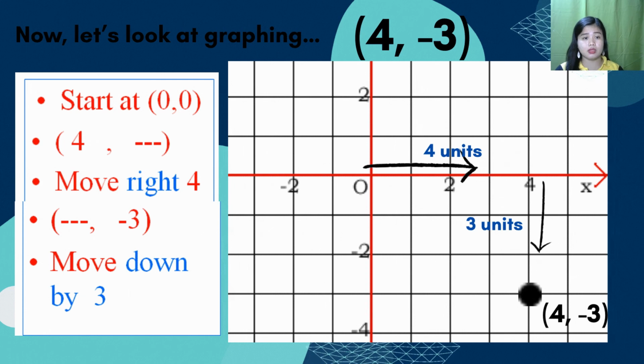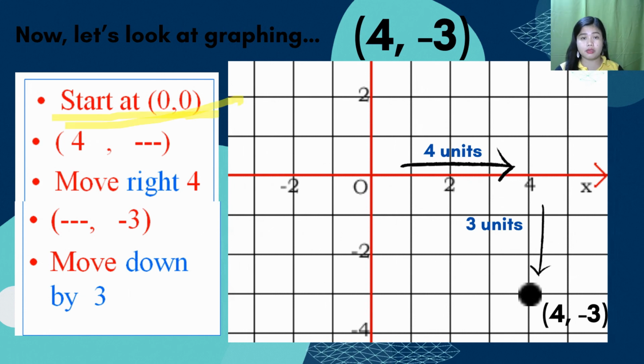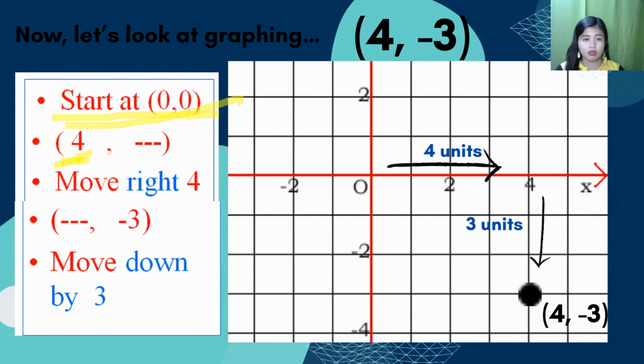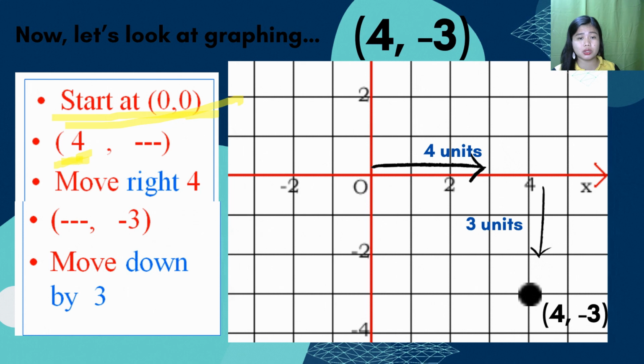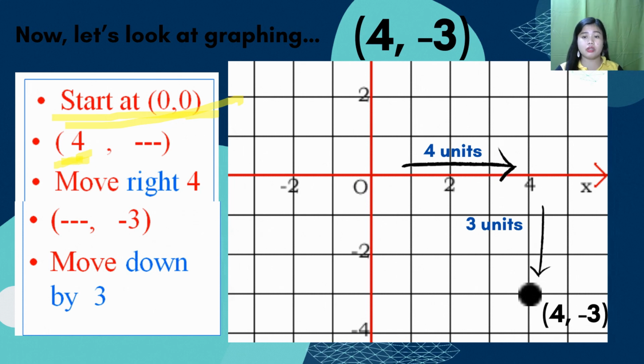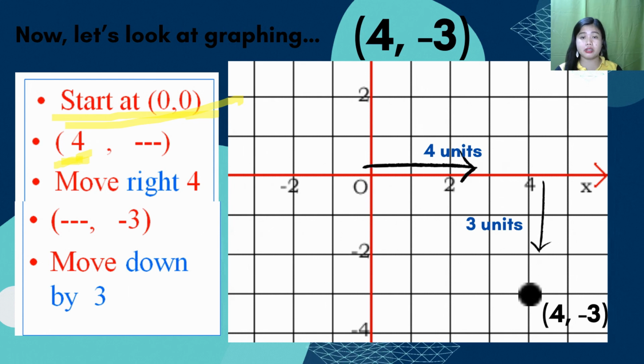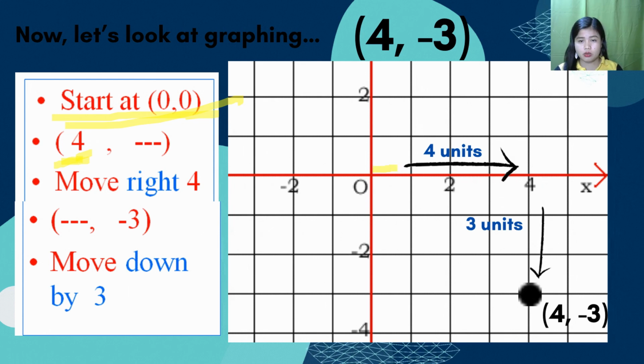The first thing we plot is 4. How many units do we move to the right? 4 units to the right, since the sign of our x-coordinate is positive. 1, 2, 3, 4.